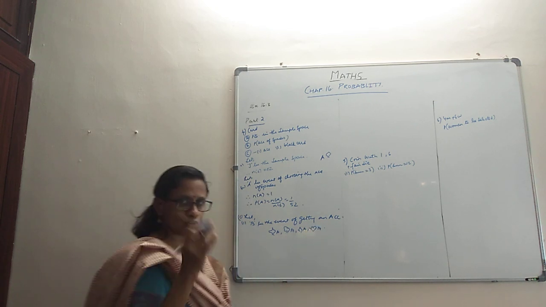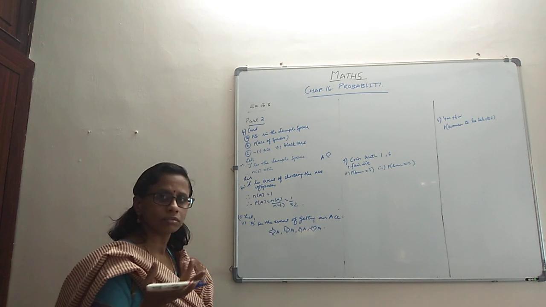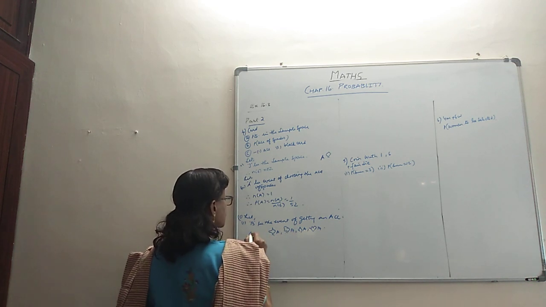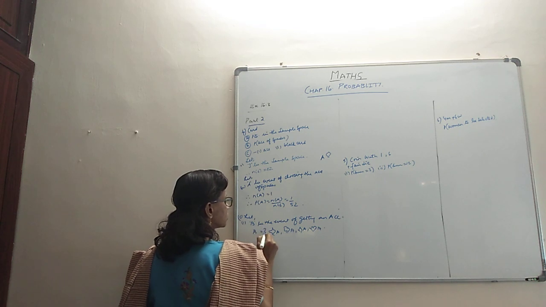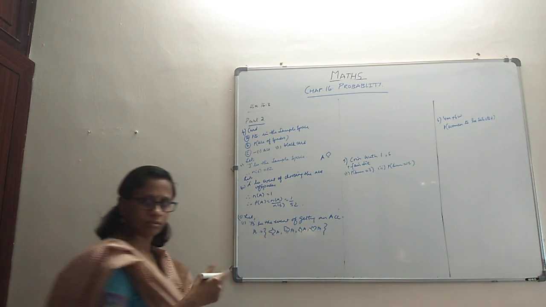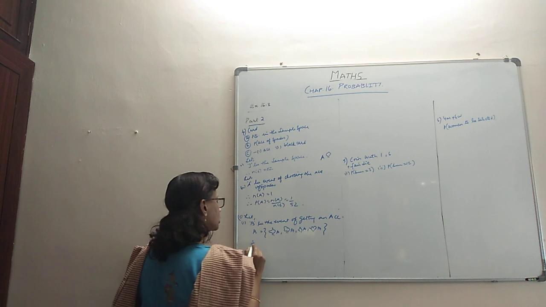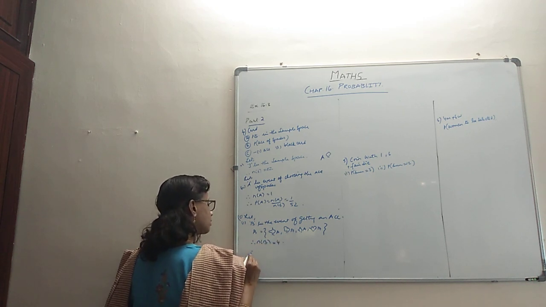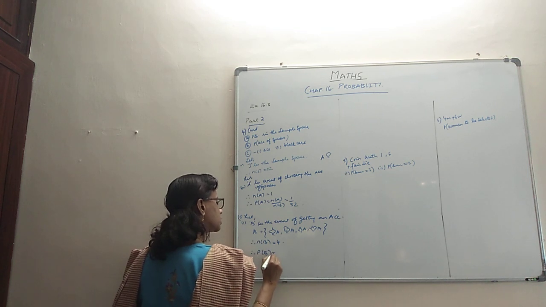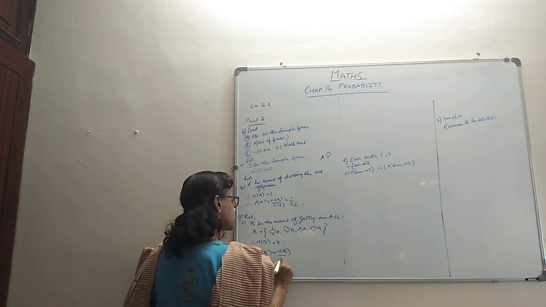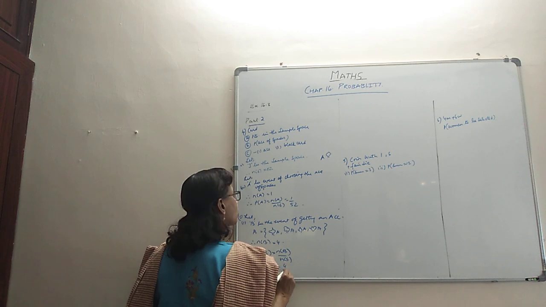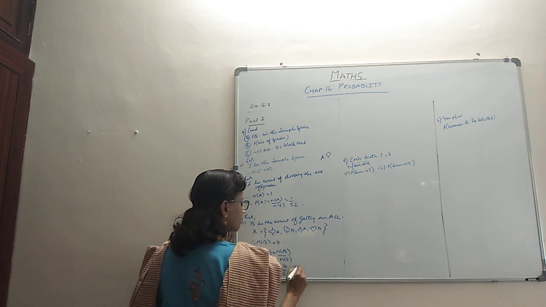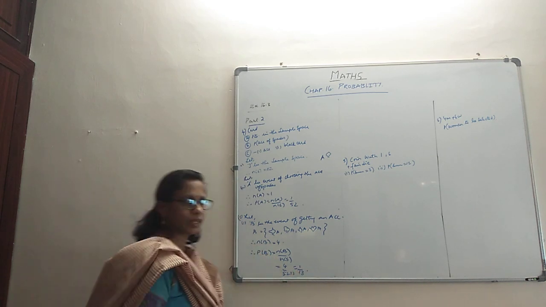So there are 4 choices. So B as a set has 4 things, therefore n of B is 4. The probability is n of B by n of S, and that is 4 out of 52. If you want, you can cut 4 13 times, 1 out of 13, right?